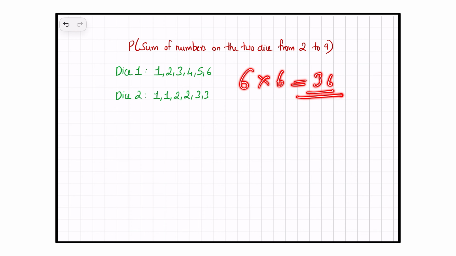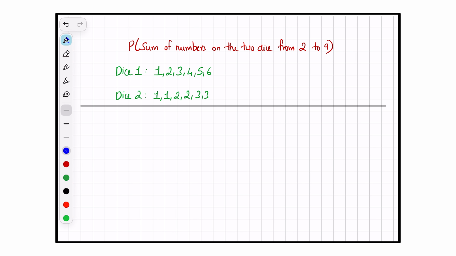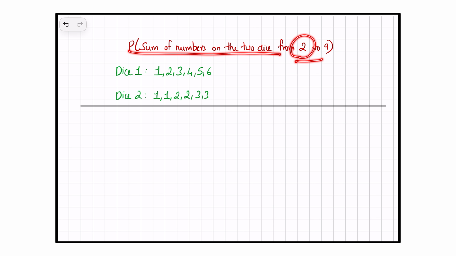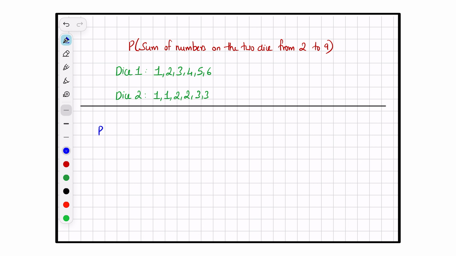Again, I will keep dice 1 as constant and check what are the possible outcomes with dice 2. Let's start by finding the probability of the sum of the numbers on the two dice as 2. Then we go step by step up till 9.